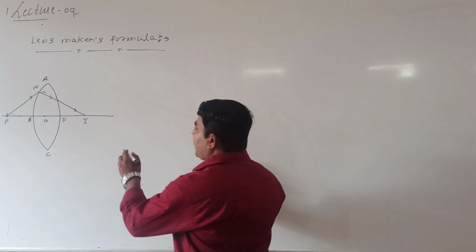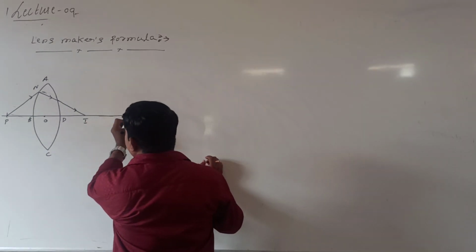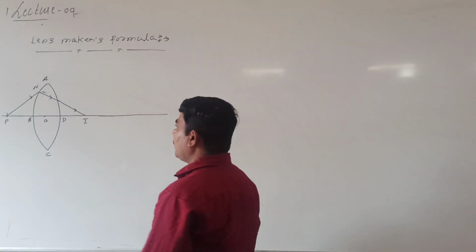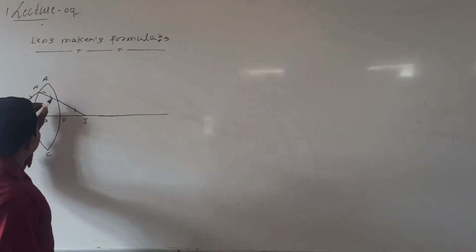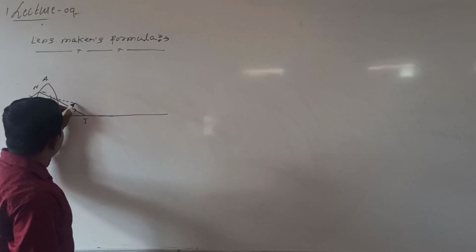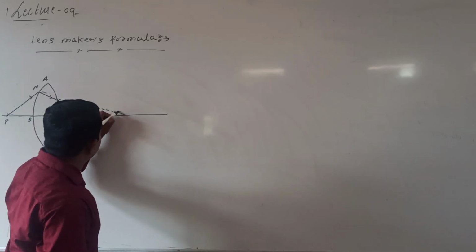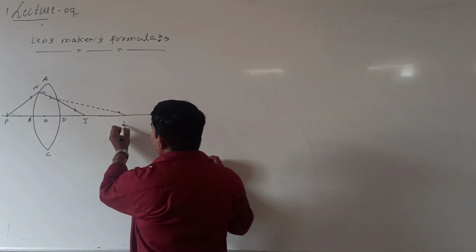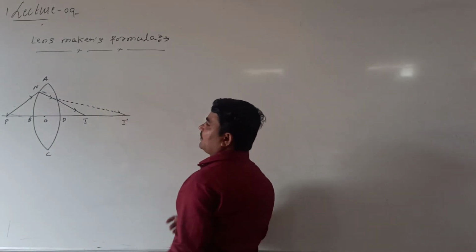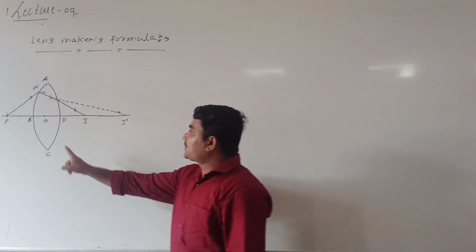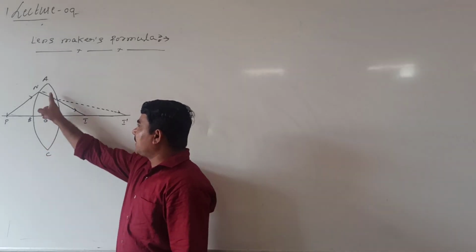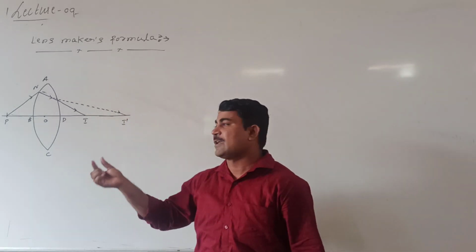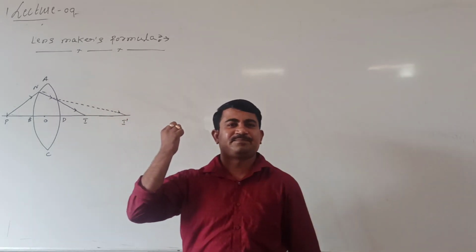But whenever the surface ADC is absent, where does the image appear? The refracted ray meets at some other point. At what point? I dash. I mean, in absence of surface ADC, the refracted ray meets on the principal axis at I dash point, so the image appears at I dash.